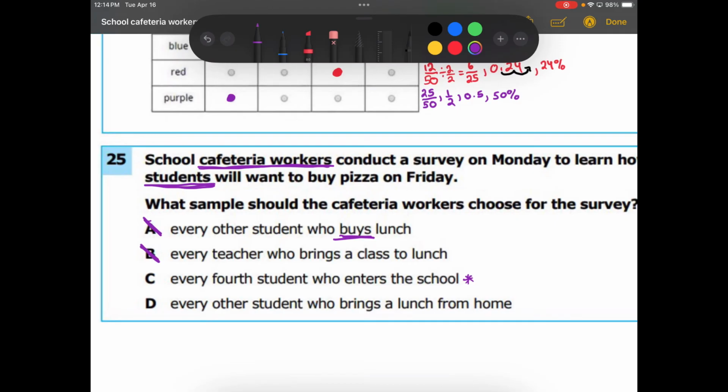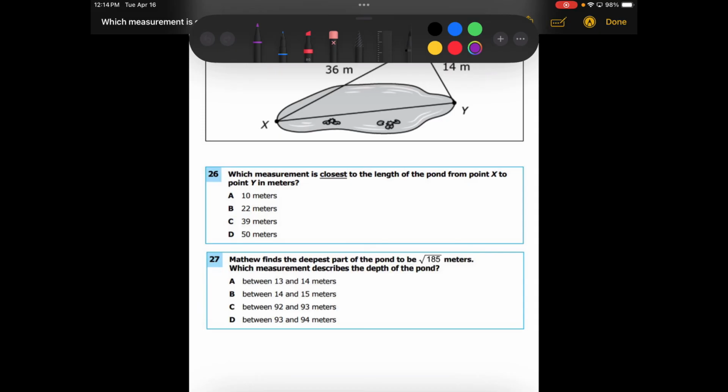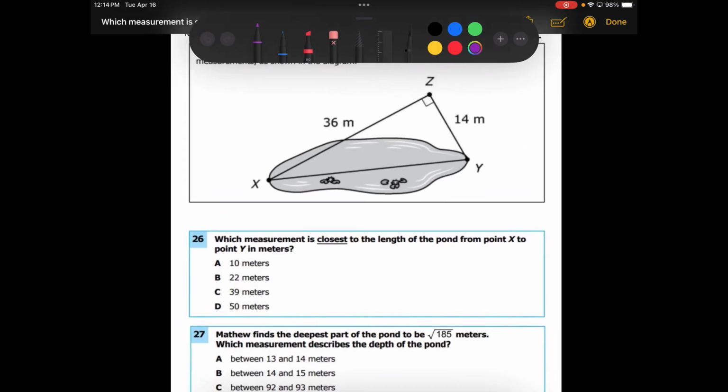That one is biased. Why is it biased? Because they are bringing lunch. So of the options that are provided to us, the best answer is letter what? C.